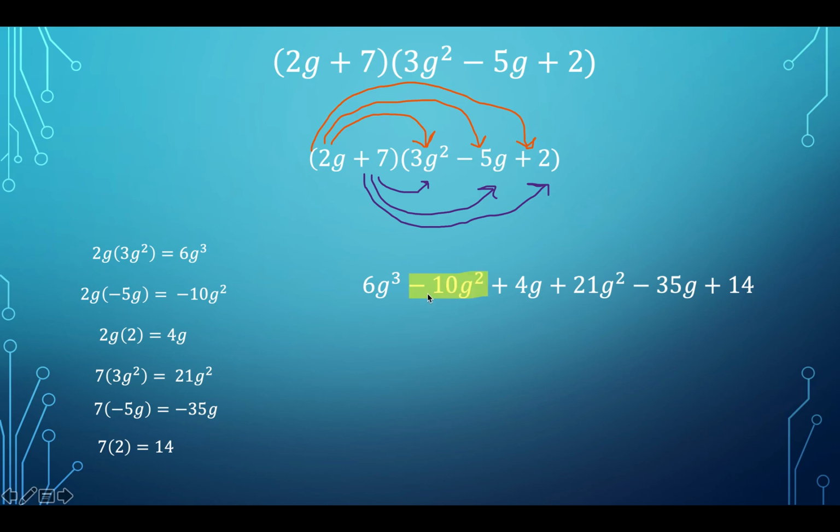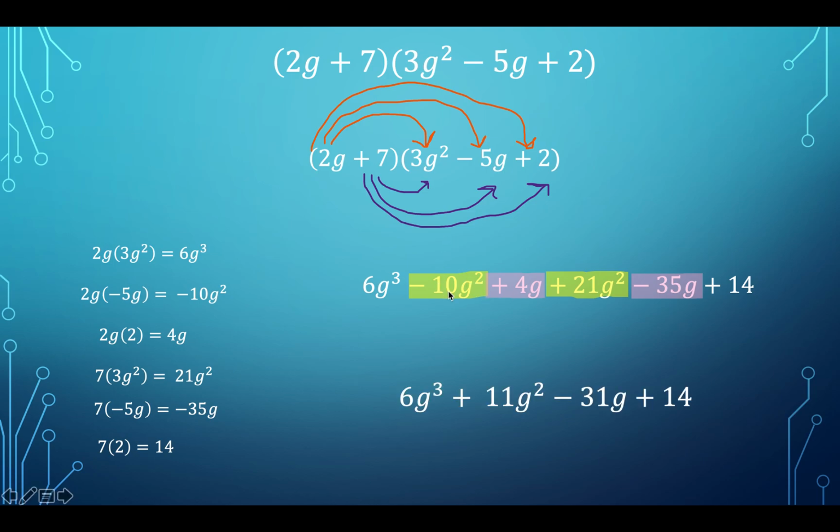So we have a negative 10g squared over here. And what's the other like term that goes with it? Positive 21g squared. So we're going to combine our negative 10g squared plus our 21g squared. And then what are also our like terms? 4g and negative 35g. We have to combine those as well.